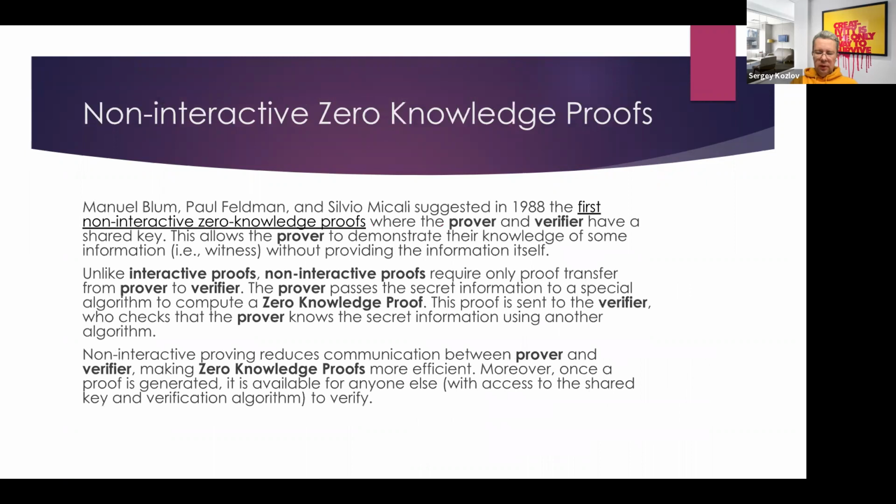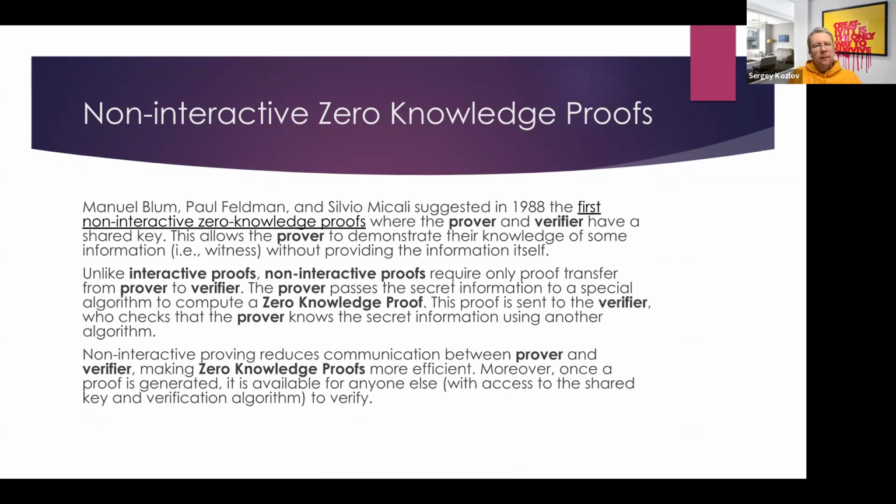Actually, the history of zero-knowledge proof started with a relatively new, let's say, mathematics. It's based on very complex mathematics. It was only opened in 1988, and the first zero-knowledge proofs were interactive. Now we will talk in our presentation about non-interactive zero-knowledge proofs.